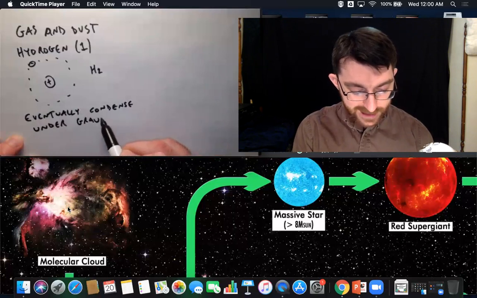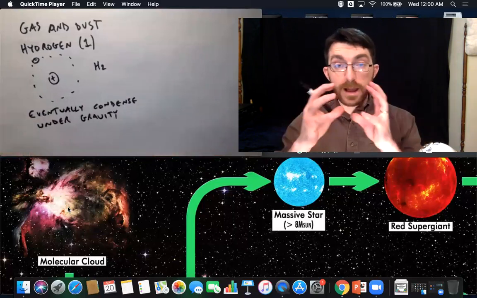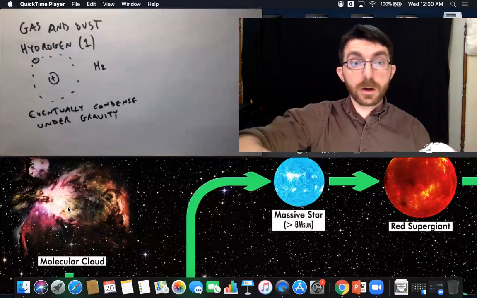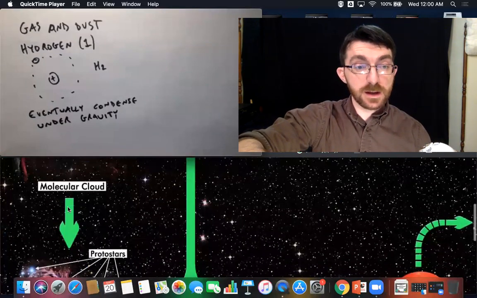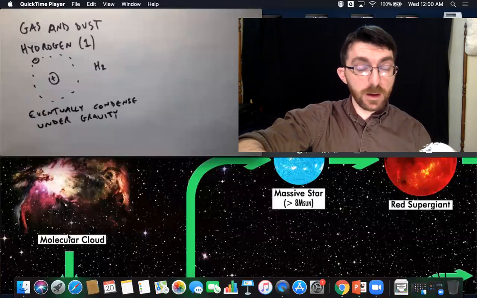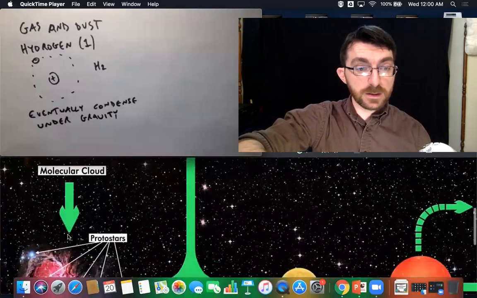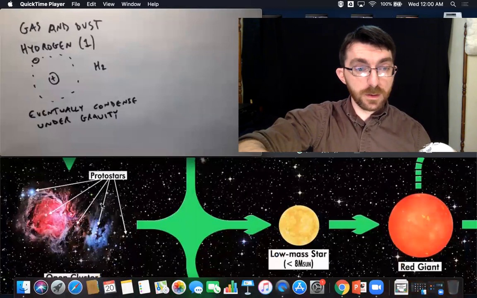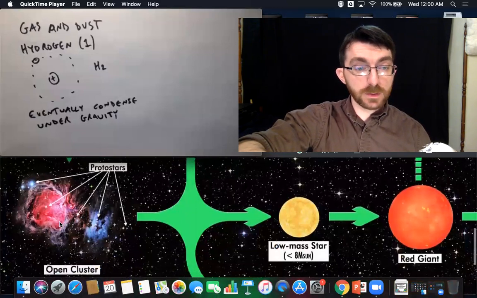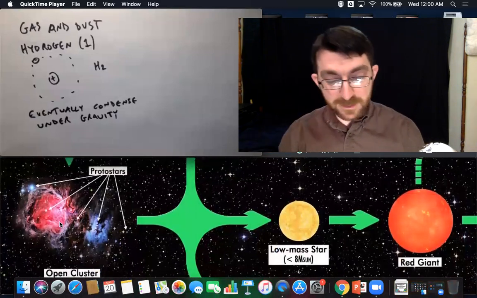When a gas collapses, it undergoes some physical processes. Now, as you can see, molecular cloud, there's a green arrow that leads down to this little spot here, protostars. So let's get to that.